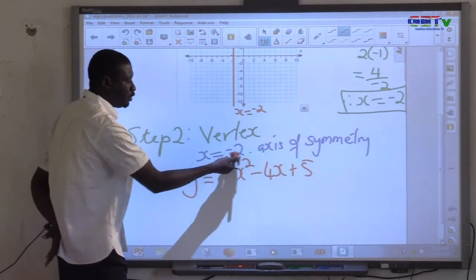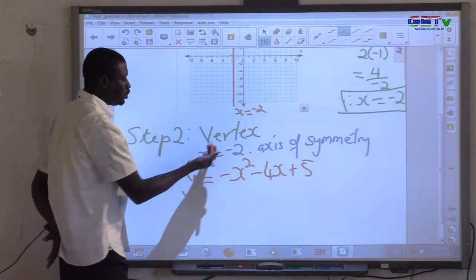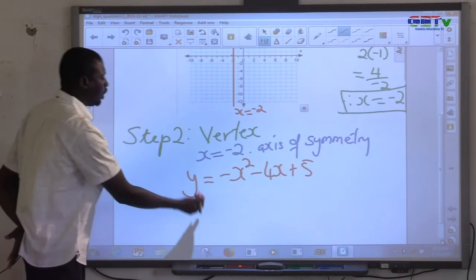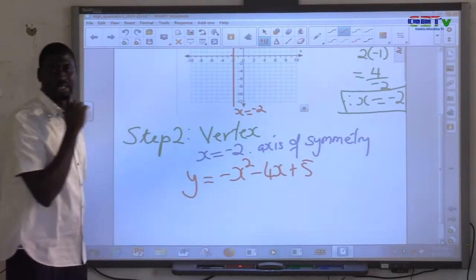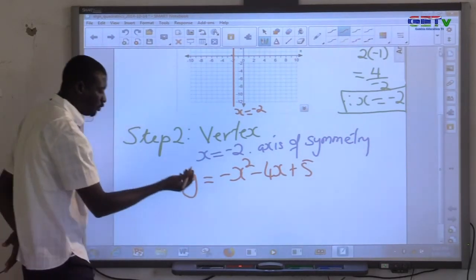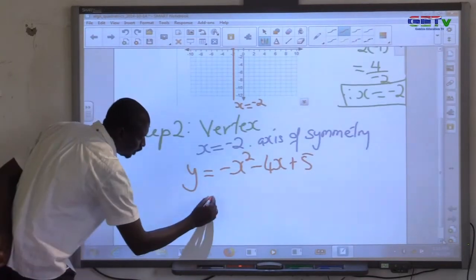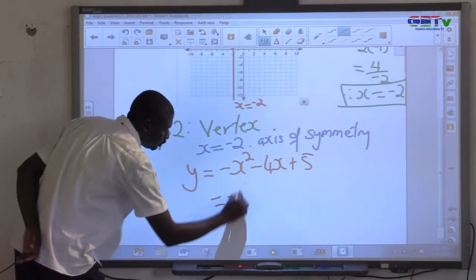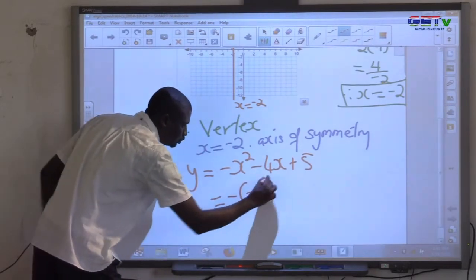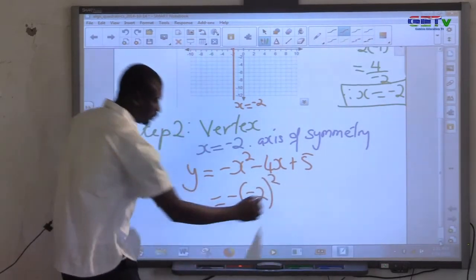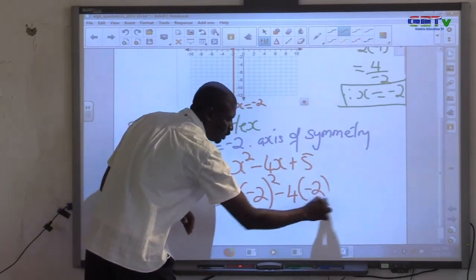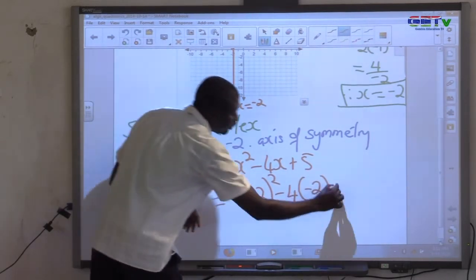When x is equal to -2, we substitute -2 in place of x to get the y coordinate of the vertex. So y will be equal to, in place of x, I'll put there -2, -2 squared, minus 4 in bracket -2, I'm just substituting, plus 5.